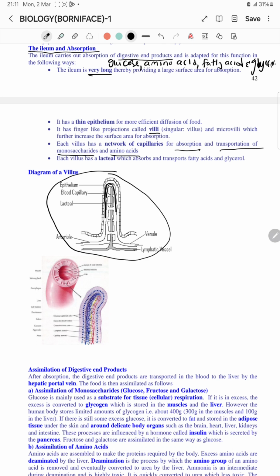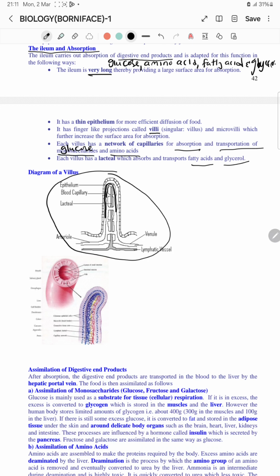In short, you can just say each villus has a network of capillaries for absorption and transportation of glucose and amino acids. Then the other one is each villus has a lacteal which absorbs and transports fatty acids and glycerol.